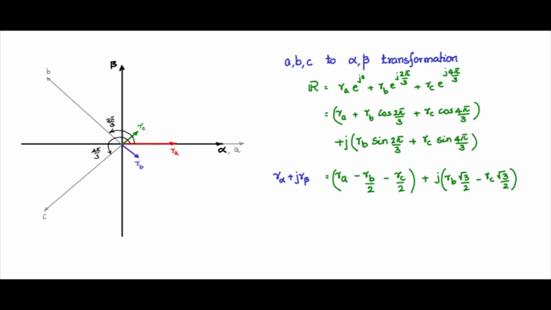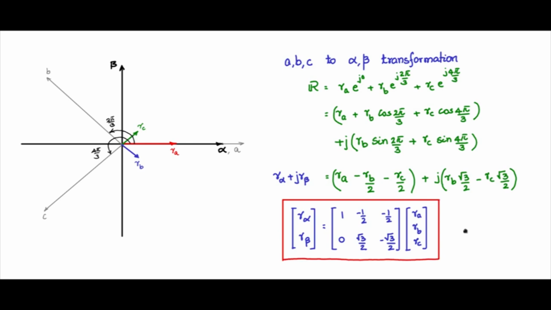Now let us represent this R alpha and R beta in a matrix form. So R alpha, R beta goes through a transformation matrix, which is now RA 1, minus half, minus half, and then for R beta there is no contribution from RA, that is 0, contribution from RB is root 3 by 2, contribution from RC minus root 3 by 2, and then you multiply it with this vector RA, RB, RC.